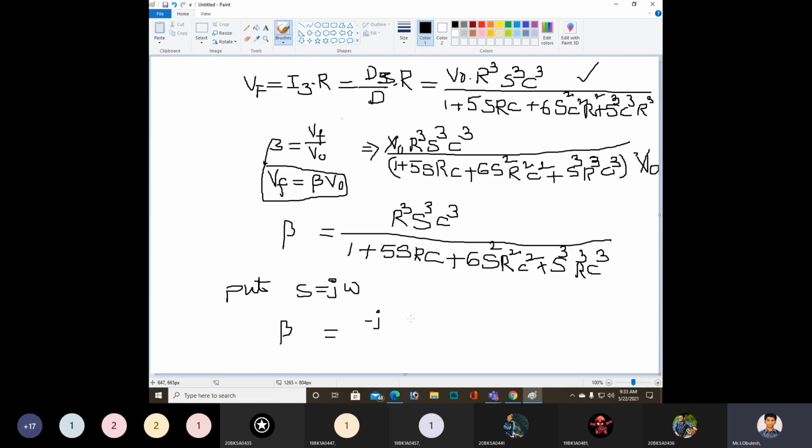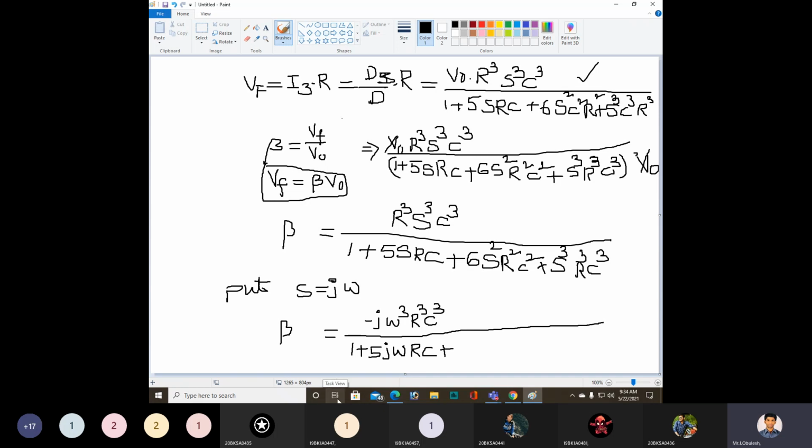Minus j omega cube r cube c cube, divided by 1 plus 5 j omega rc plus or minus, right?